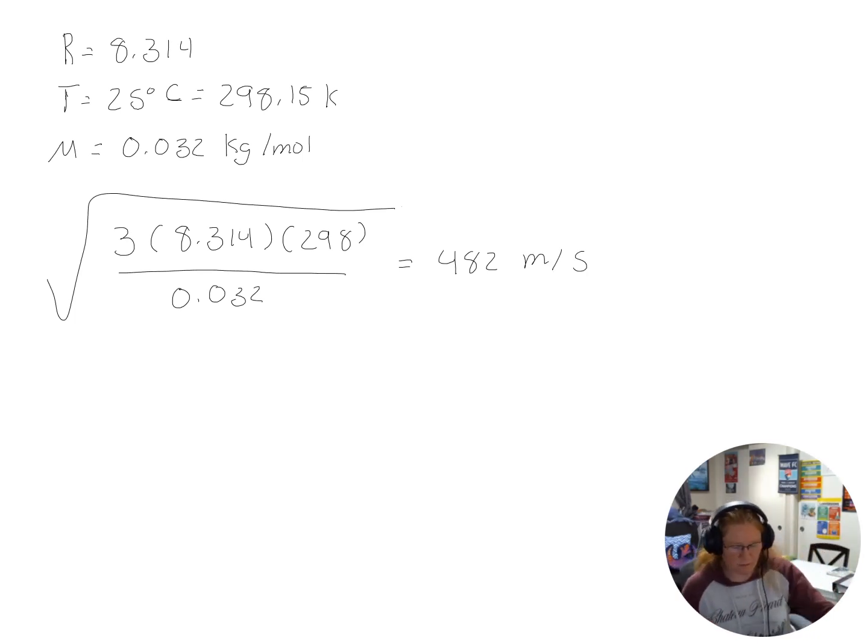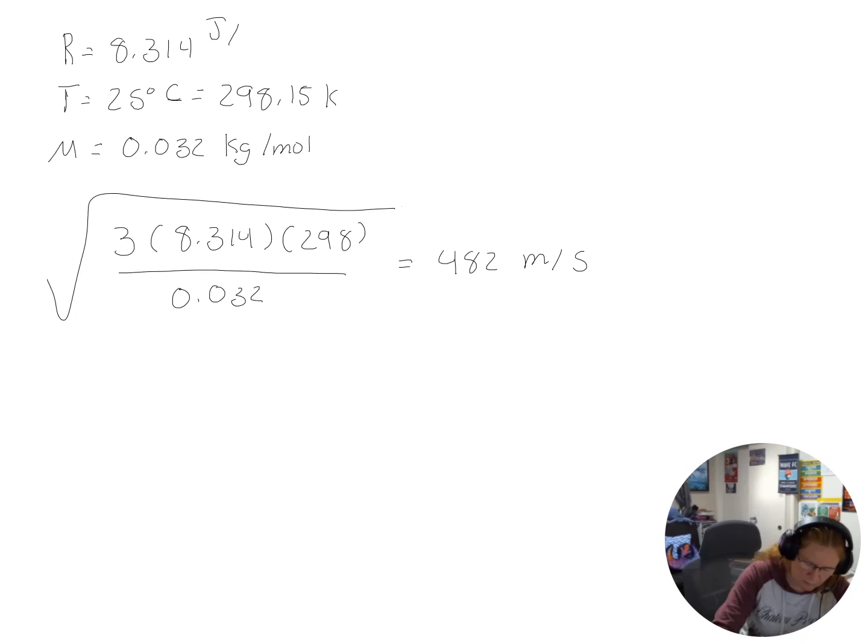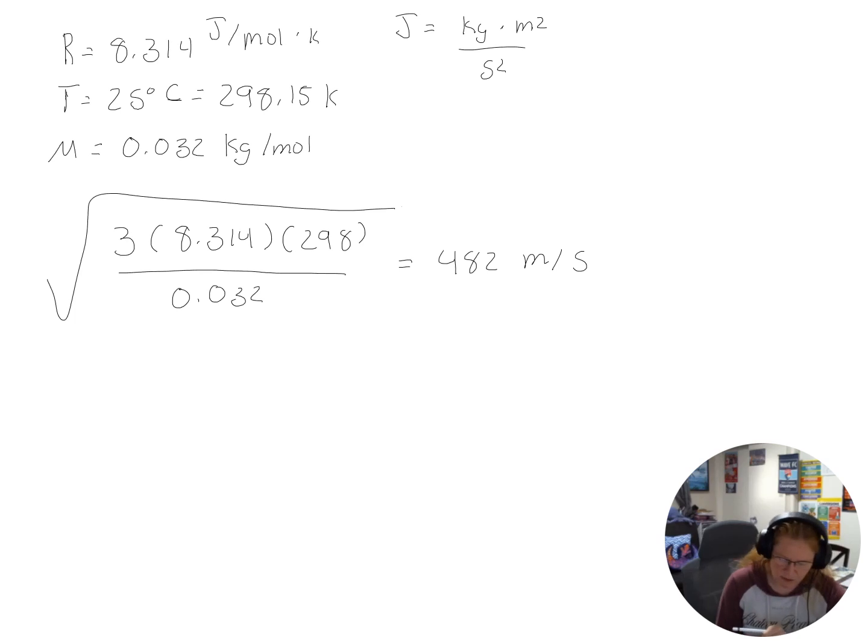I stripped out the units there because I wanted to make sure I had enough room to write everything. So remember, R was joules per mole Kelvin, and my joule was the kilogram meter squared per second squared.